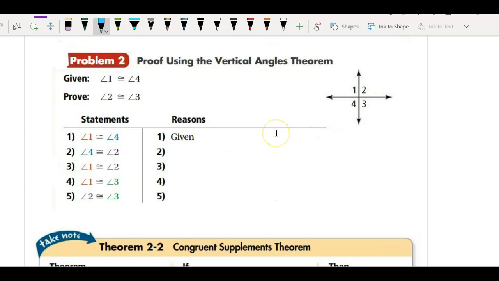We could do this without the vertical angles theorem, but it's going to make life so much simpler. For the first one, angle 1 is congruent to angle 4. They gave us that. The second statement, angle 4 is congruent to angle 2. Oh, those are vertical angles. So I can put that vertical angles are congruent.